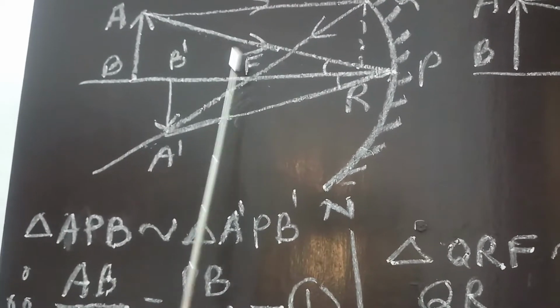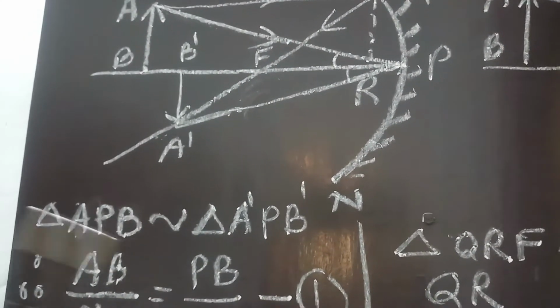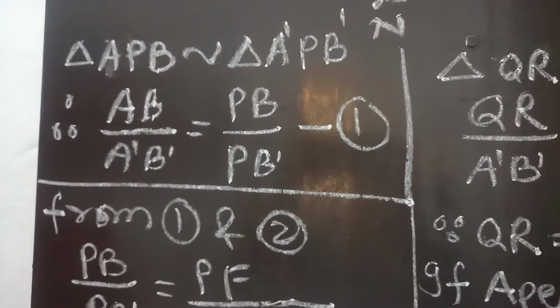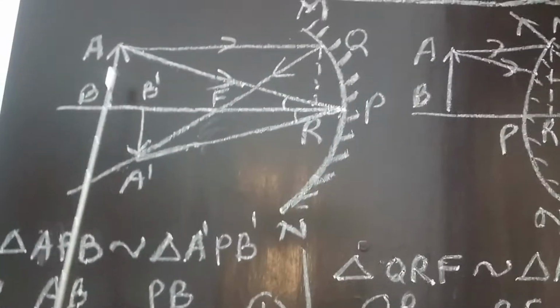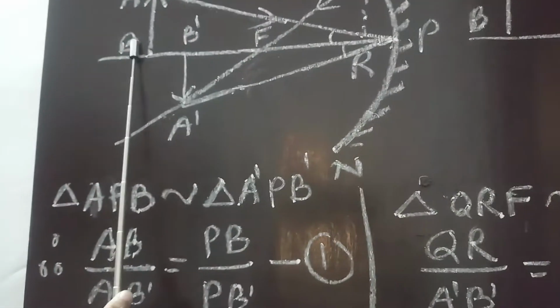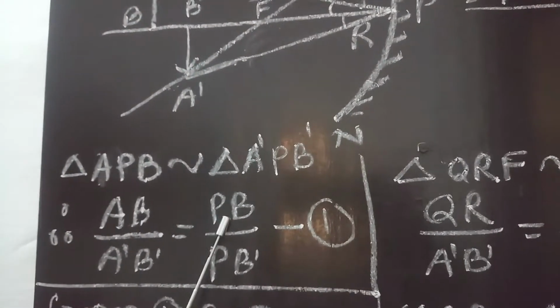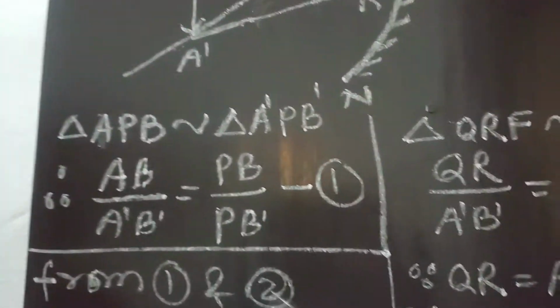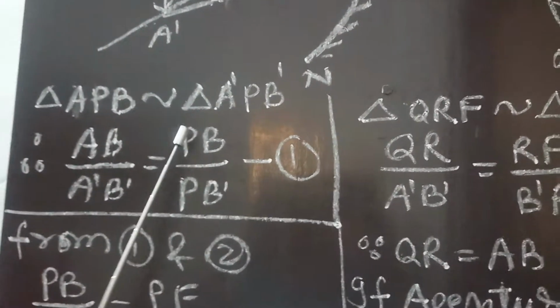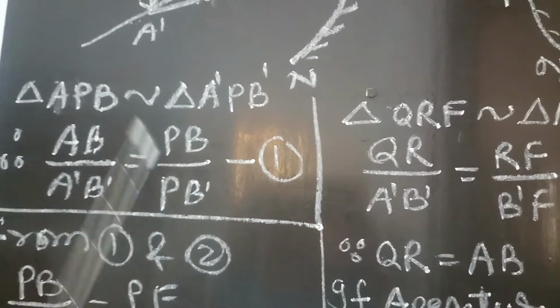So the two triangles are similar. In class 10th you have studied that in similar triangles the sides are proportional. That's why AB upon A dash B dash equals PB upon PB dash. You know that all the distances are measured from the pole. So AB upon A dash B dash equals PB upon PB dash, equation 1.